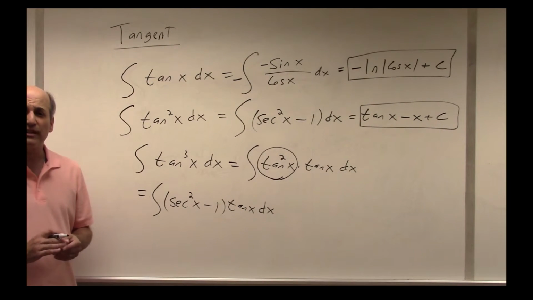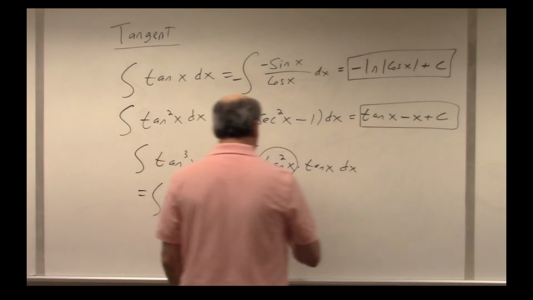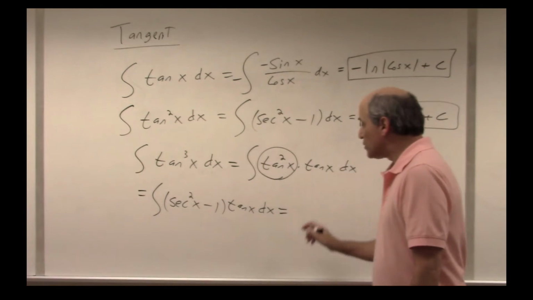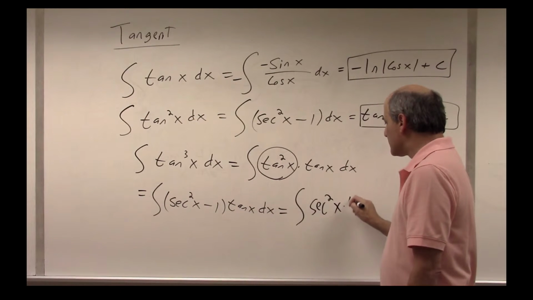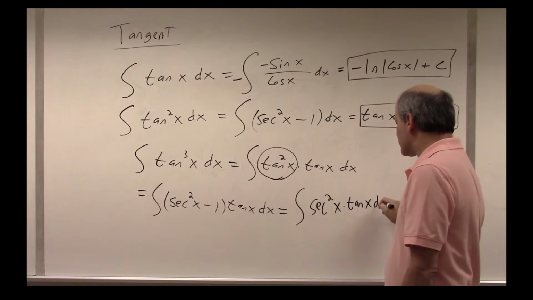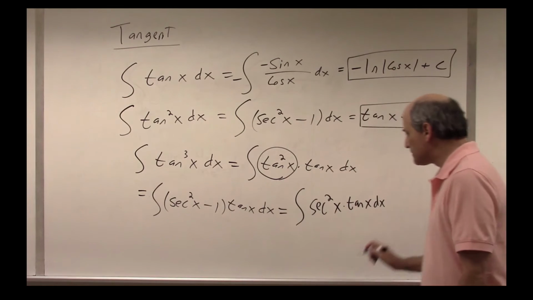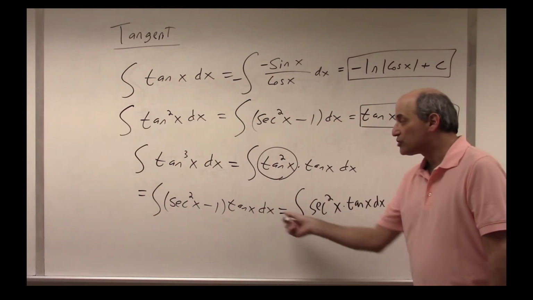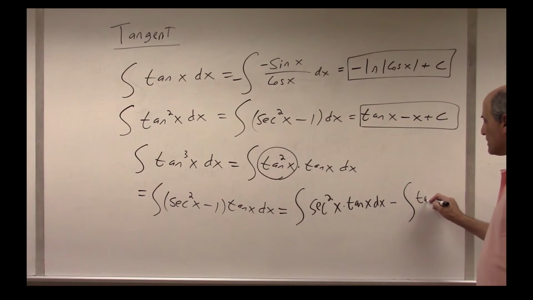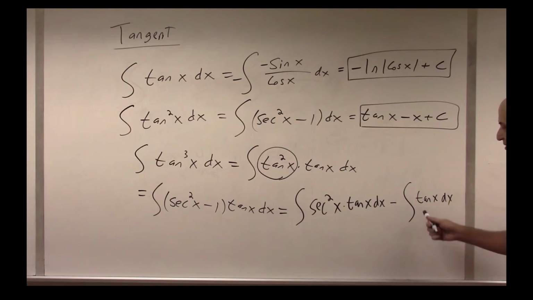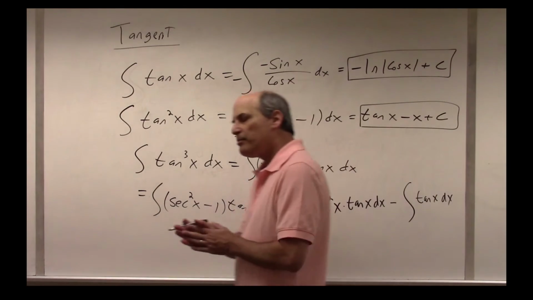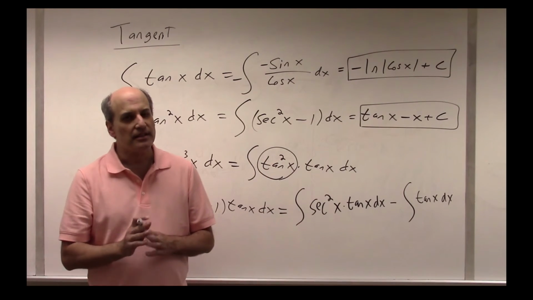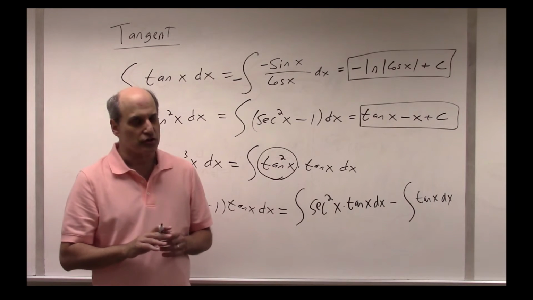All right, so now we break this up into two integrals. The first integral is the integral of secant squared of x times tangent of x dx minus the second integral, which is just the integral of 1 times tangent of x, that is just the integral of tangent of x dx. Now be careful here. Remember, the derivative of secant is secant times tangent.